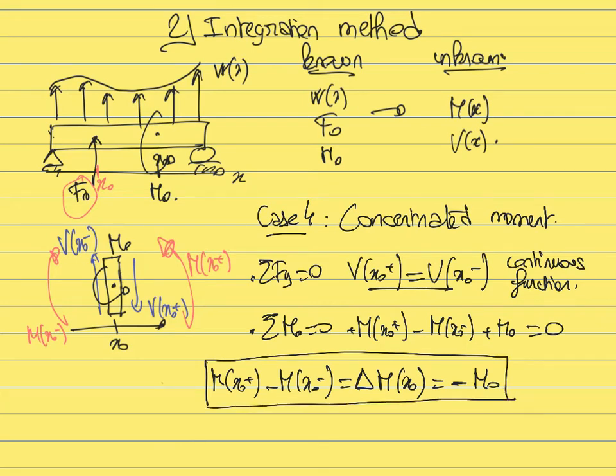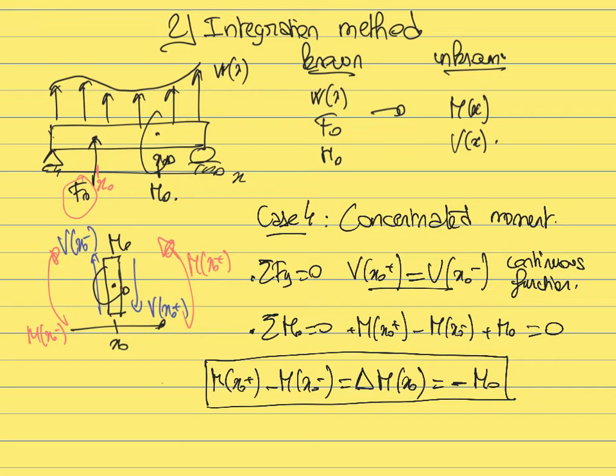In this case, it means that the moment on the left is not the same as the moment on the right. So same thing as before, the function is going to be discontinuous. If you have a concentrated moment at a given point, that is going to induce a discontinuity in the internal moment, and the value of the discontinuity is going to be equal to minus m naught.